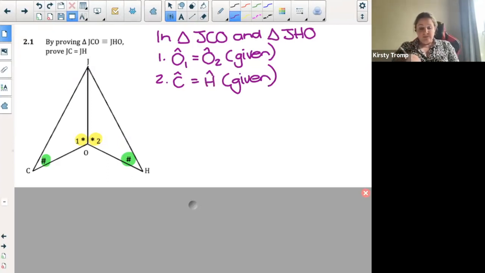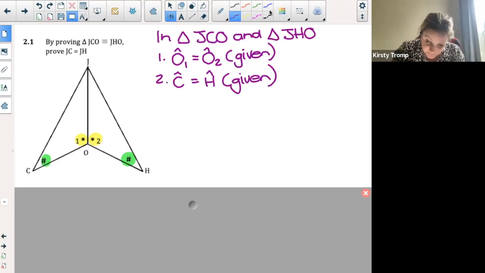Now, for me to prove congruency, triangles have three angles and three sides, and I've got to have three reasons. There are four different things that I can use for congruency: side angle side, side angle angle, RHS, or side side side.